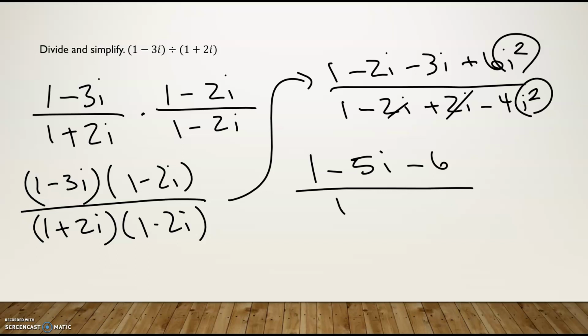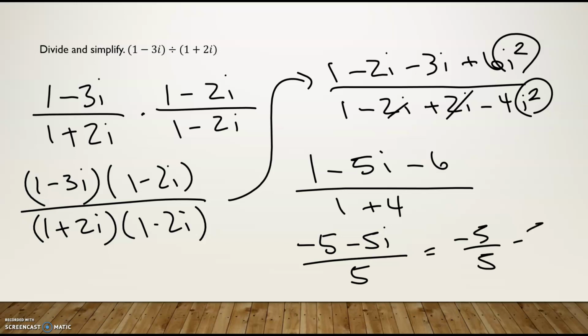This right here will change negative 4 to a positive. Okay, so I have a negative 6 plus 1, so I have a negative 5 minus 5i over 5. So negative 5 over 5 minus 5i over 5. So this is negative 1 minus i. And that will be our final answer for that one.